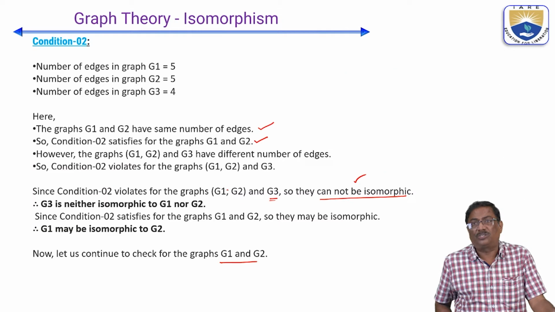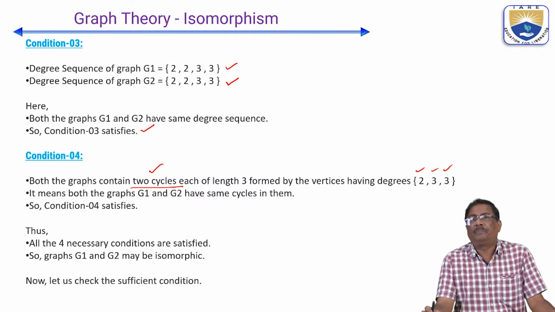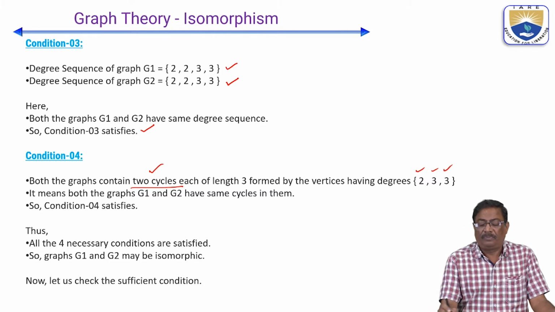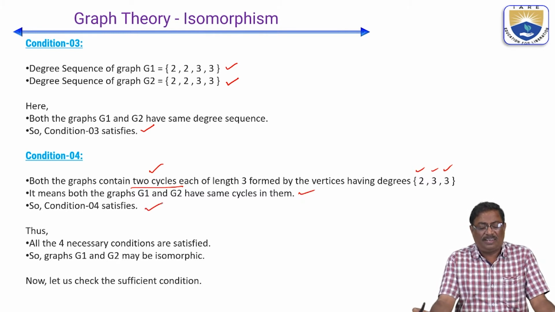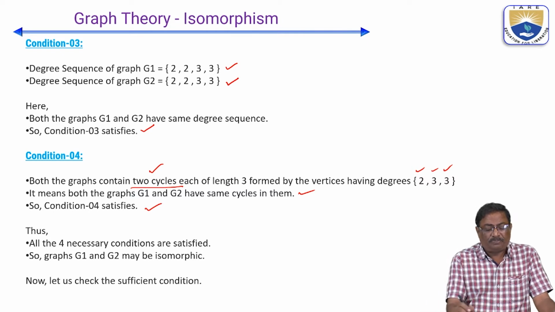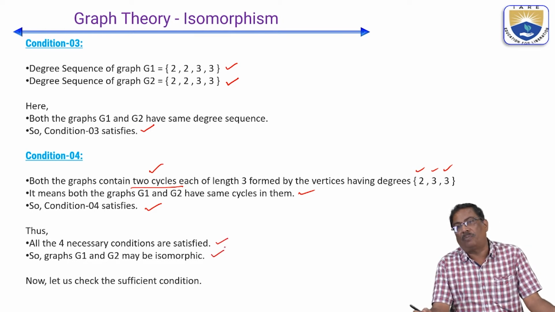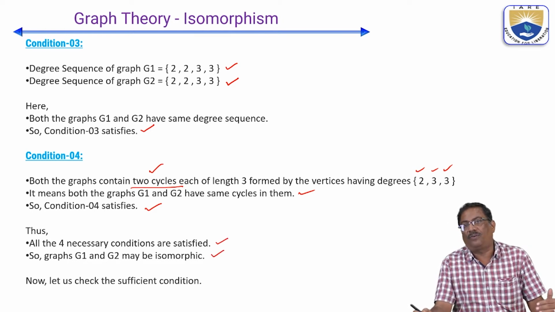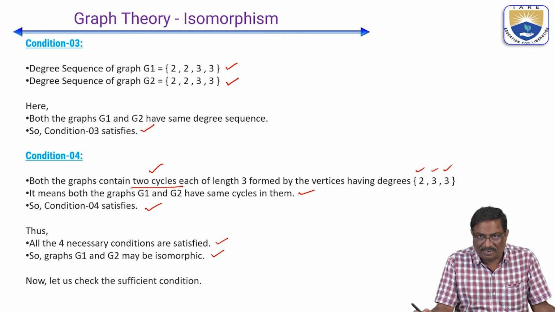Like that, both graphs have 2 cycles of length 3. Now, the 4 conditions are satisfied. So, G1 may be isomorphic to G2. All 4 necessary conditions are satisfied.